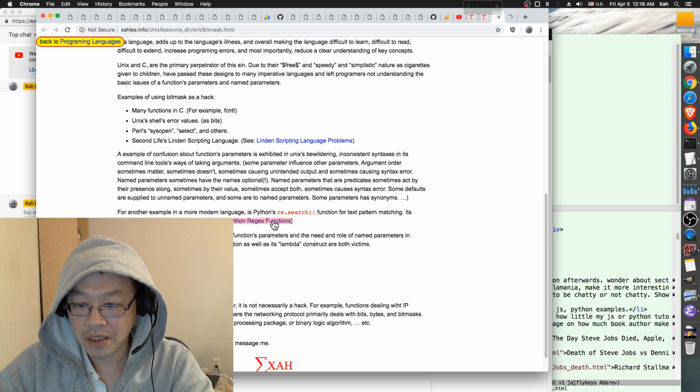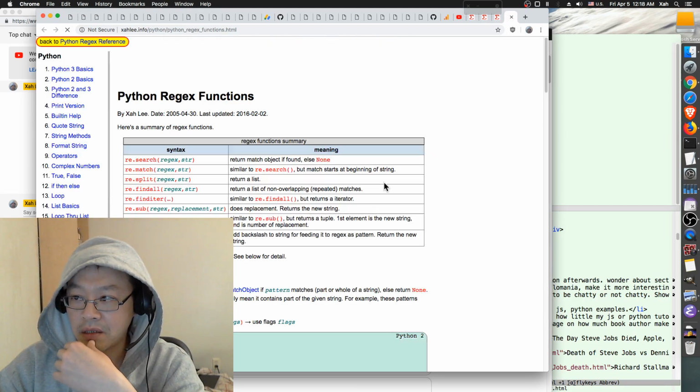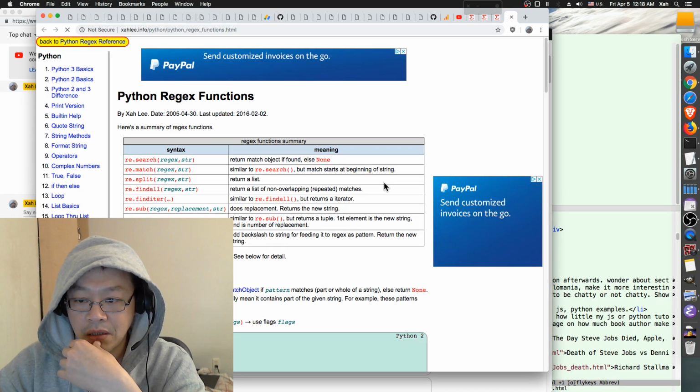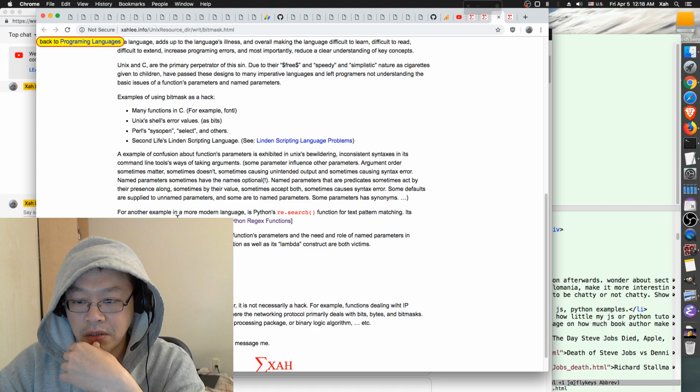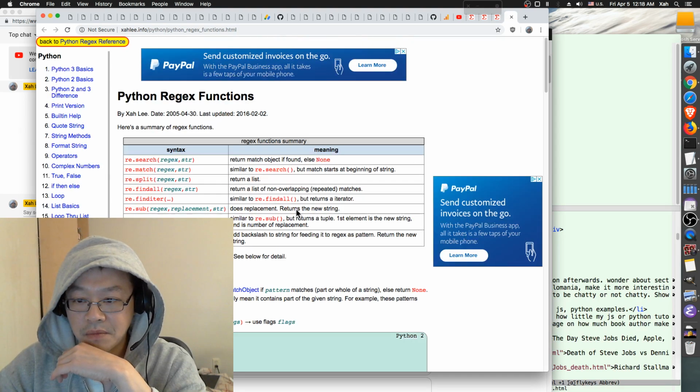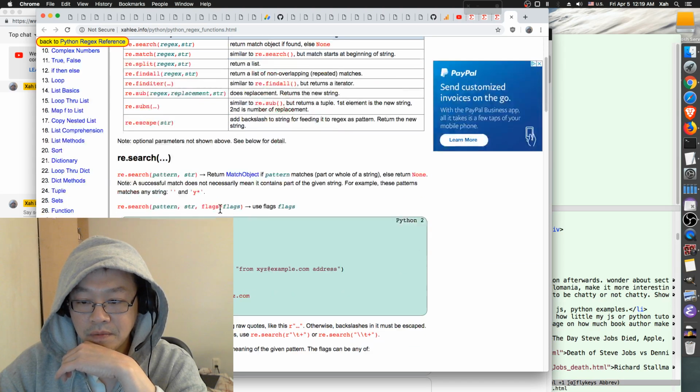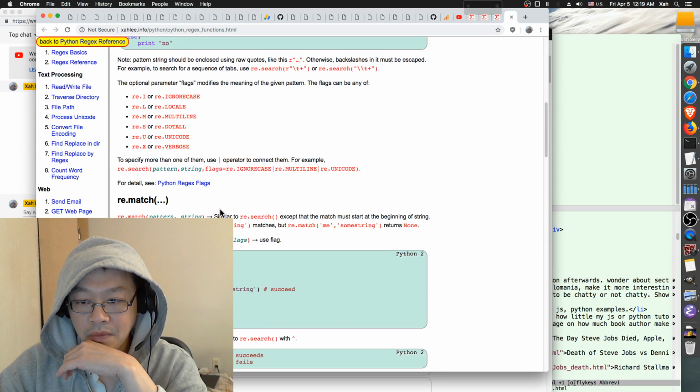Let's see. Maybe I can show you a Python example. Python rejects functions. Yeah, the third argument is flags. Okay, here.